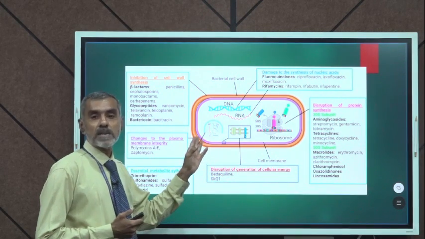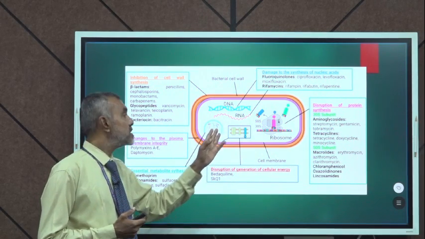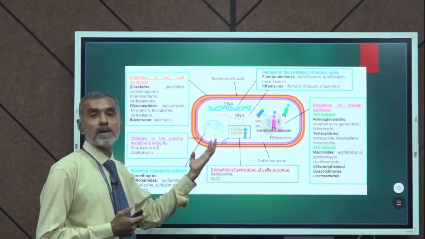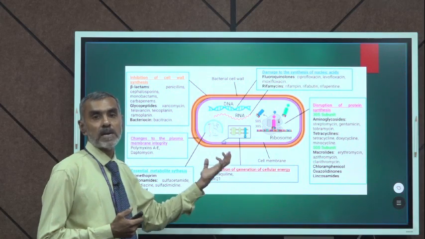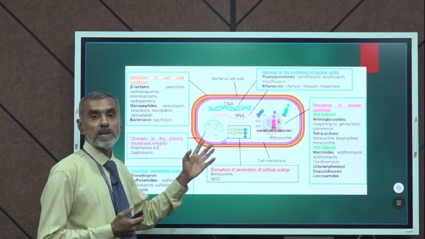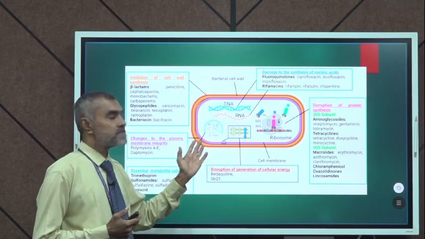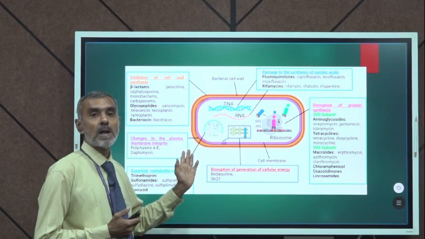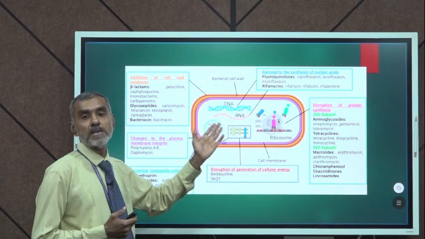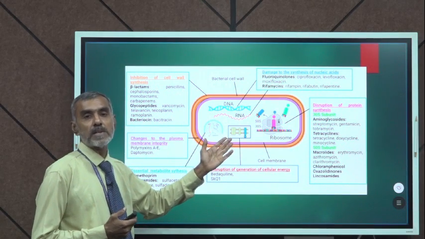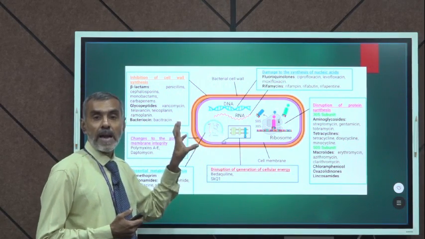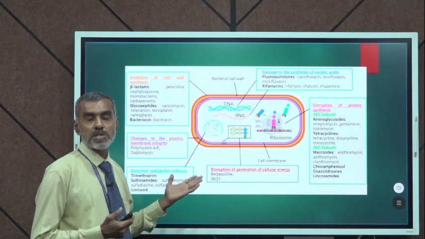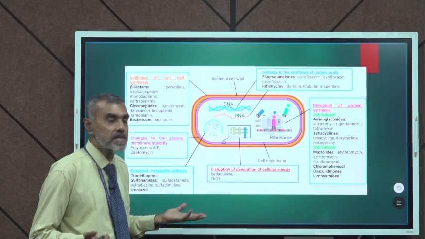Because of this change in cell permeability, the transport of components inside and outside the cell will be prevented. The elimination of components from the cell or entry of nutrients into the cell will be prevented. Thereby the growth of microorganisms will be prevented, or complete destruction of microorganisms also happens.